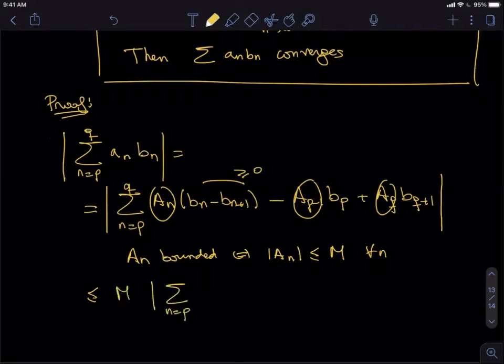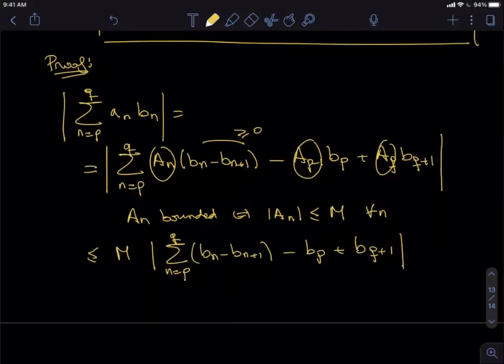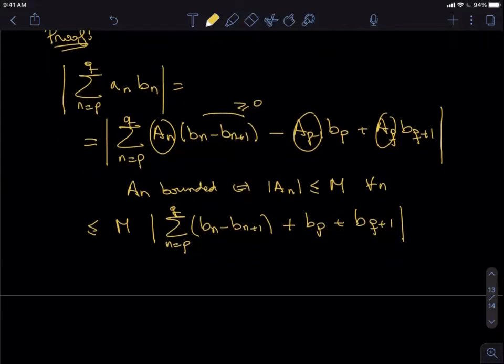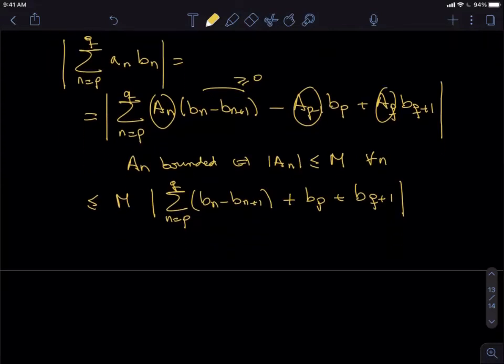So we have the sum for n equal p to q, of b_n minus b_{n+1}, minus b_p plus b_{q+1}. Actually, we can even put plus here. And then when we look at this expression, we realize it's a telescopic sum. What does it mean, telescopic?